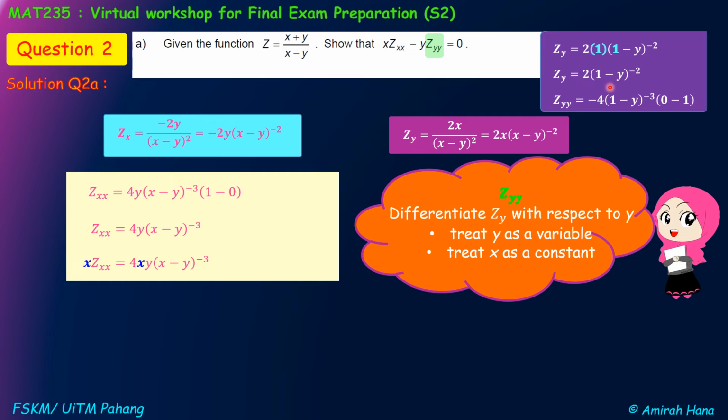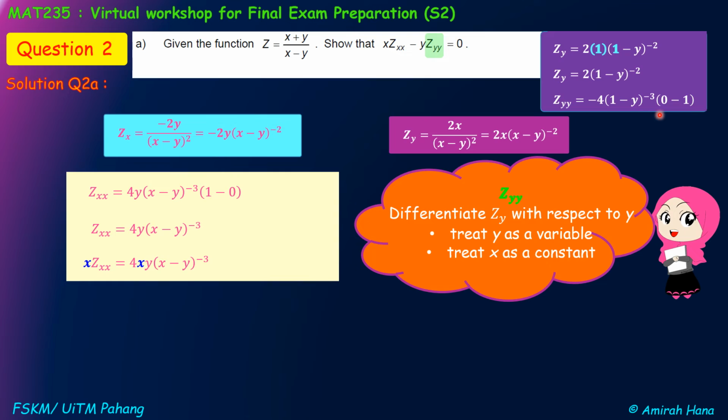When we differentiate zy with respect to y, we can differentiate using the generalized power rule because we have multiplication with the constant in front here. So using the generalized power rule, we multiply the power and the constant in front here. So we have negative 4. Then we copy the function in the bracket, 1 minus y, to the power of the original power minus 1, so negative 2 minus 1 equals negative 3.